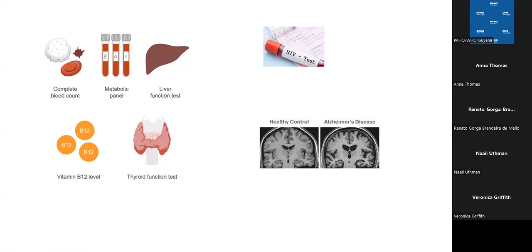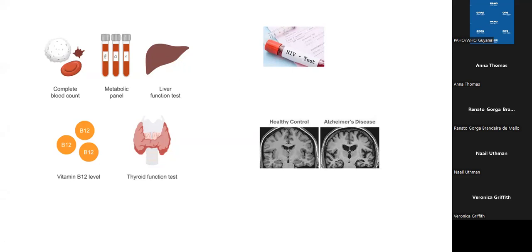Images are indicated to exclude some differentials, especially brain tumors or previous lacunar stroke, but usually it is not helpful during the diagnostic process.